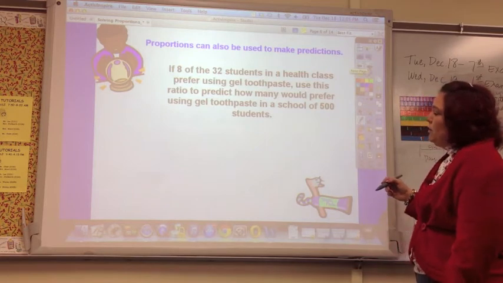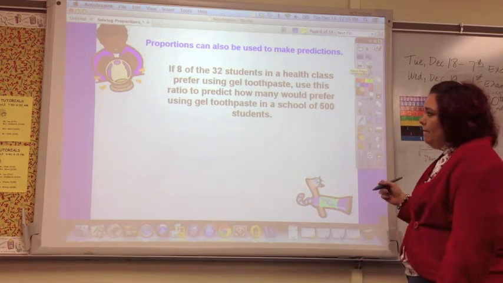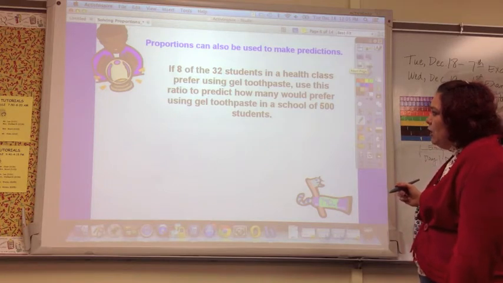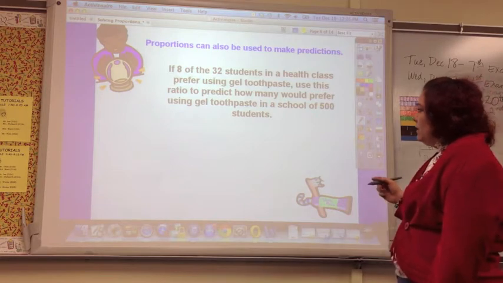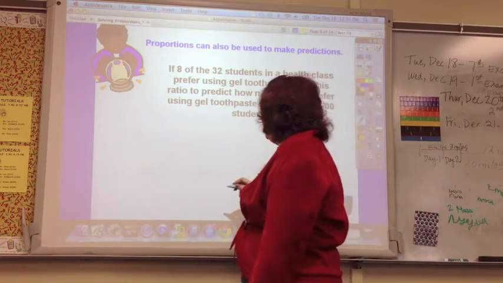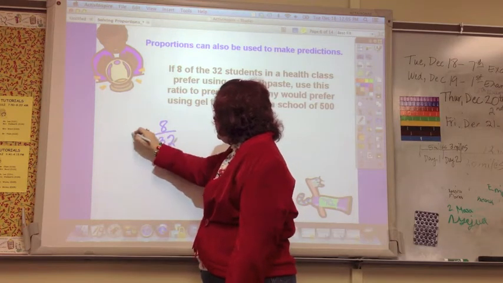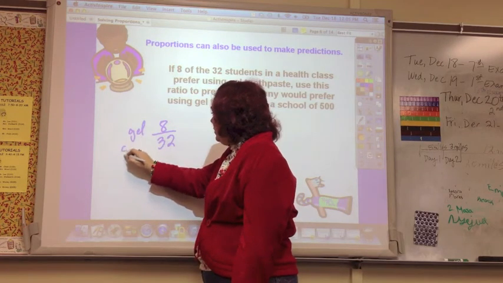Proportions can also be used to make predictions. If 8 of the 32 students in a health class prefer using gel toothpaste, use this ratio to predict how many would prefer using gel toothpaste in a school of 500 students. So I've got 8 to 32, and that's gel to students.